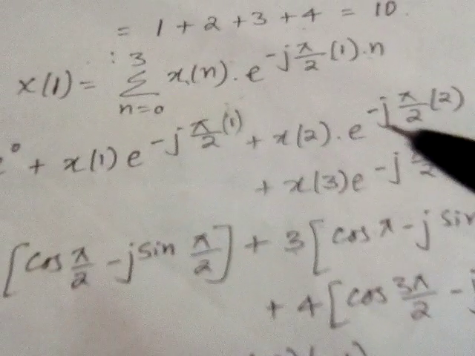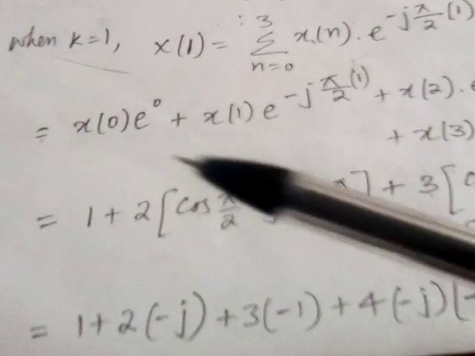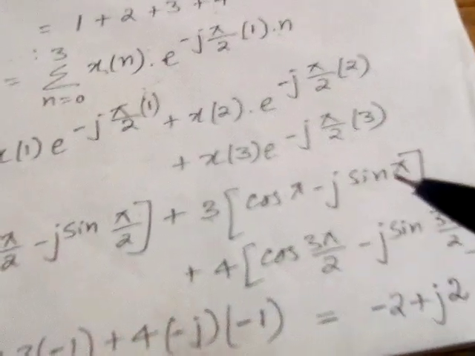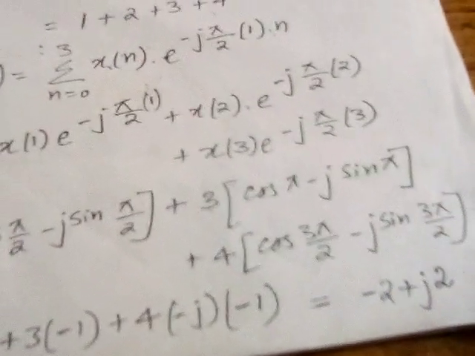Dual purpose, my videos: one, you can learn, and other, you can take the notes from here also. Understood? Fine. Now x of 0 is 1 from the problem, x of 1 is 2, then cos 90 is 0, sin 90 is 1, all that stuff you know. Minus j into 1 is minus j, cos pi is minus 1, sin pi is 0. Substitute and get the value as minus 2 plus j2.